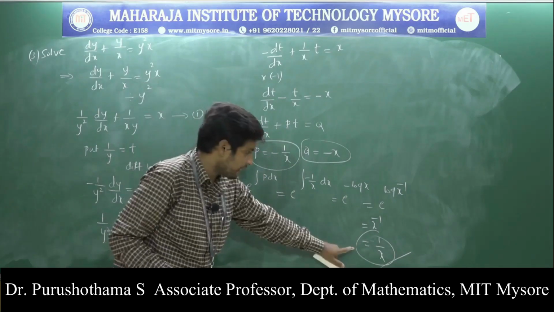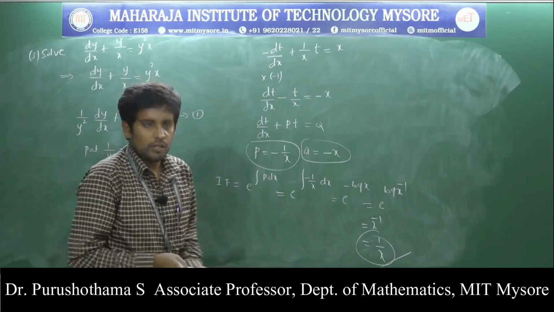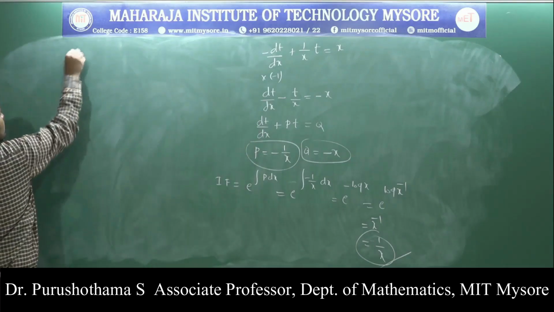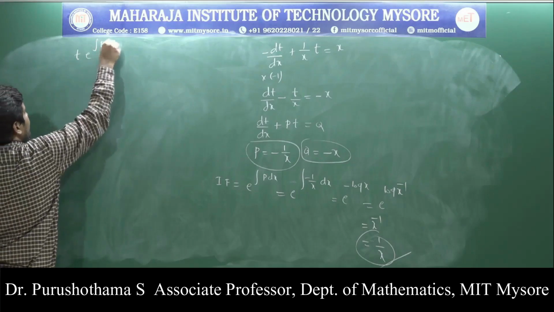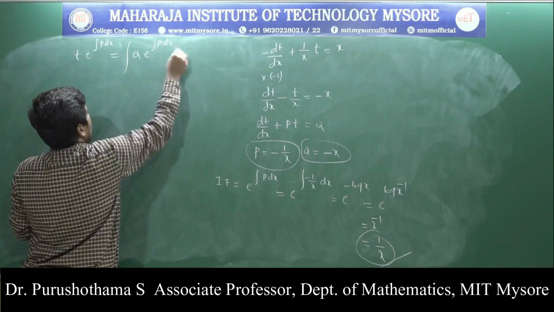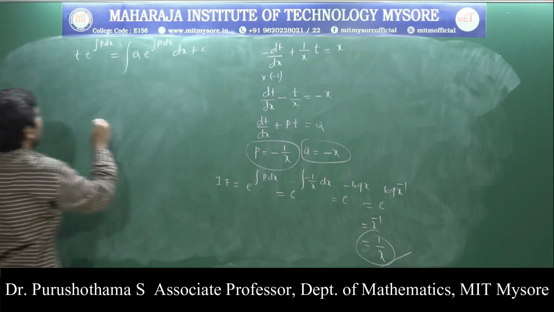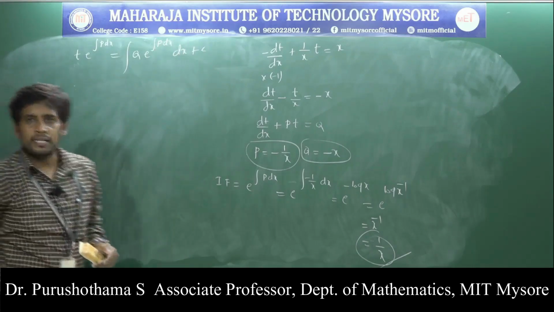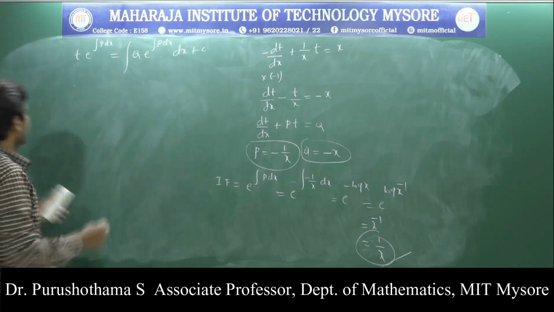Therefore, using the integrating factor, find the solution. The solution of the linear equation is t into the integrating factor is equal to the integral of q into the integrating factor with respect to x plus c. Replace back t, t is equal to 1 by y.